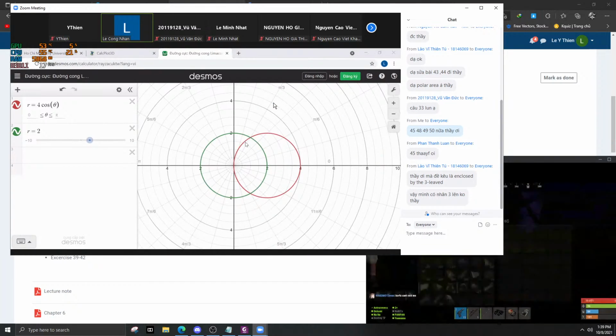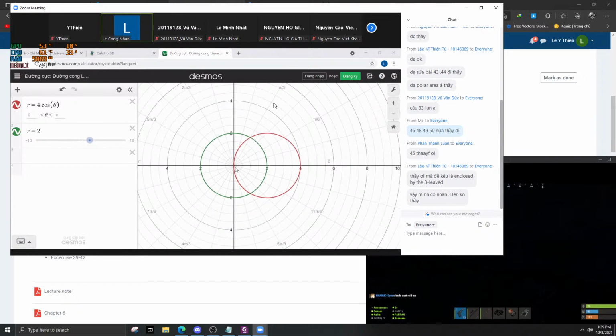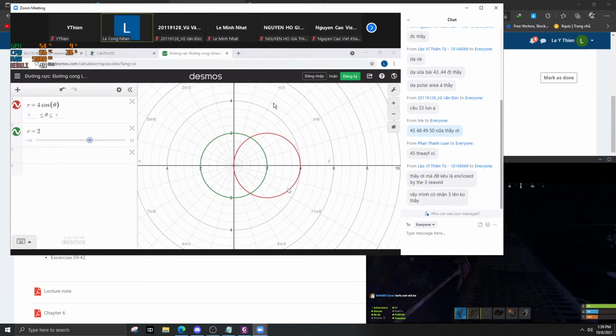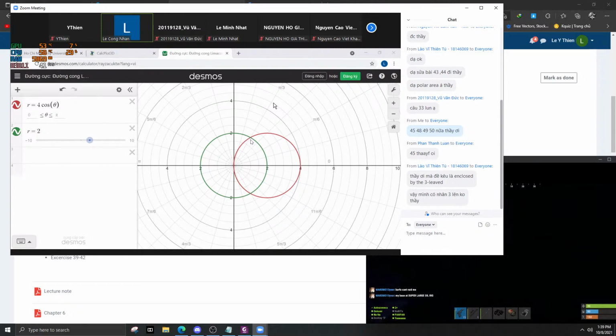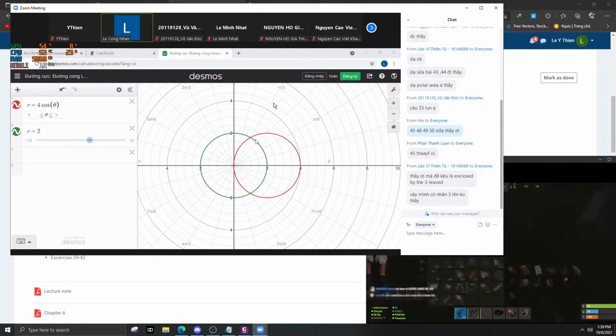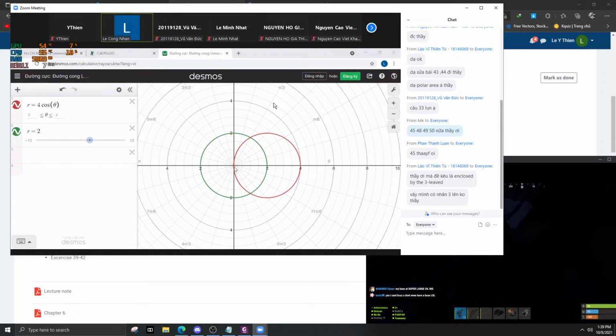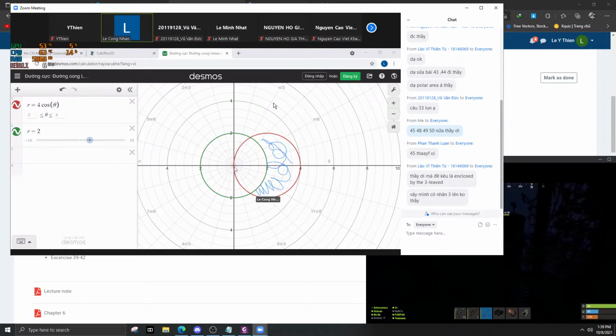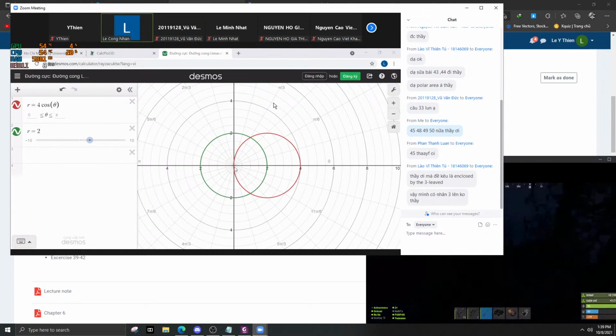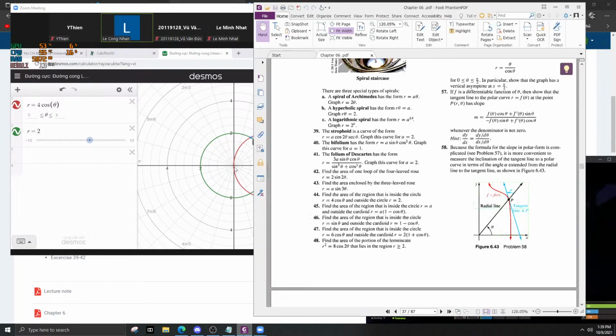So here, inside the circle r equals 4 cosine theta but outside the circle r equals 2. So we have our region A, and we have two intersection points.